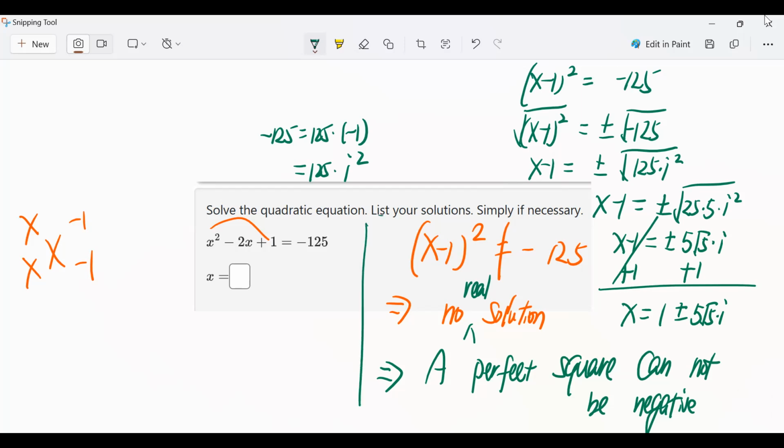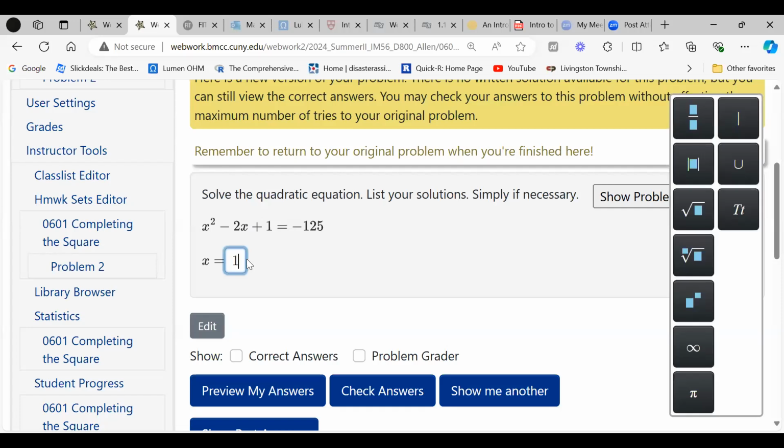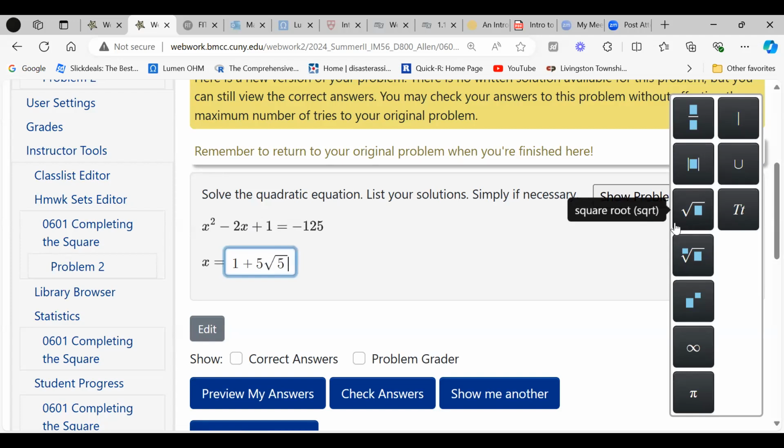This part is true only for real numbers, but we have complex numbers. No real solution, but a couple of complex solutions, 1 plus or minus 5 radical 5 i. Any question about this? First solution is 1 plus 5 radical 5 i, second solution is 1 minus 5 square root of 5 i.